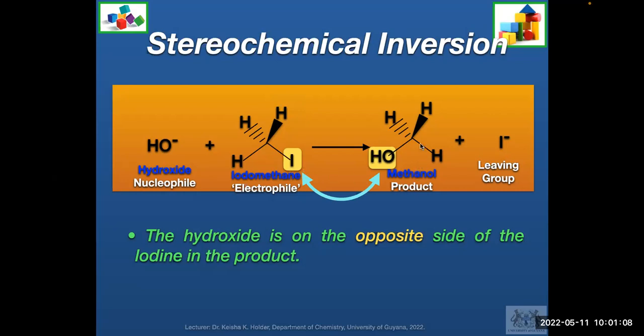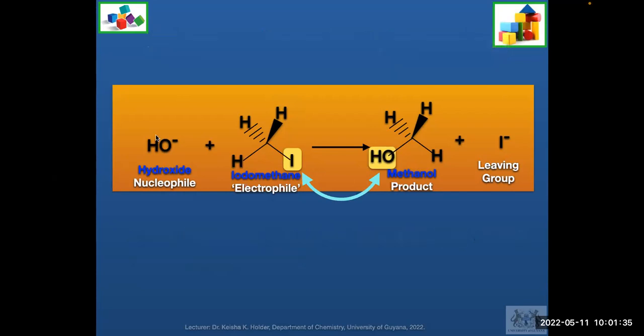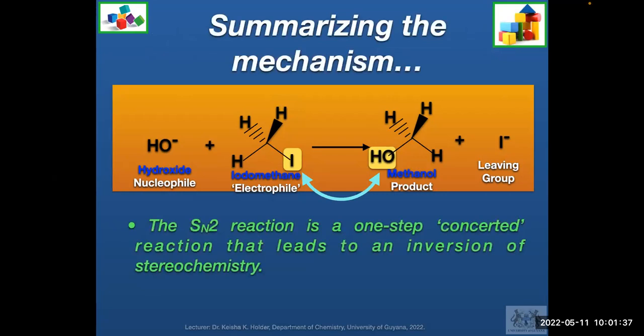If the product is given, you'll be able to tell what your leaving group is because you'll be able to see what has been removed and what it has been replaced with. So in other words, it's important for you to take an assessment of what you're seeing and understand what changes have occurred in this process before getting into the mechanism itself.